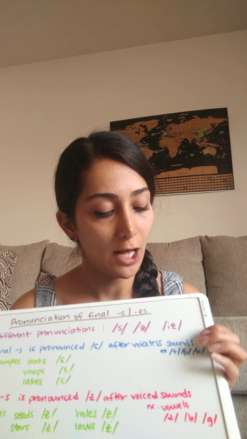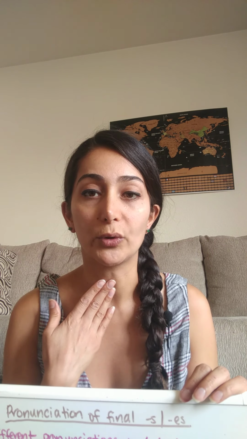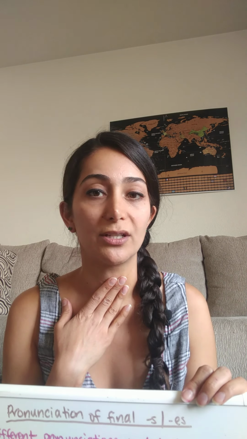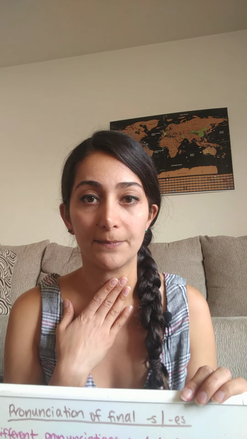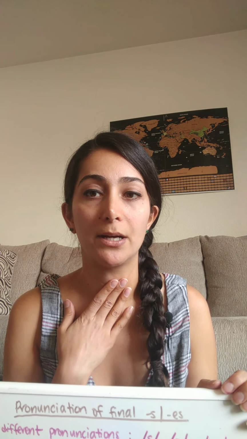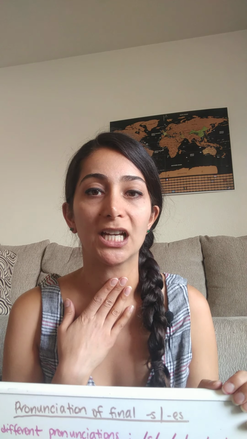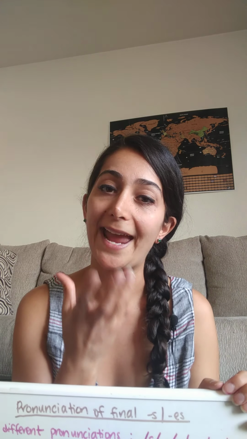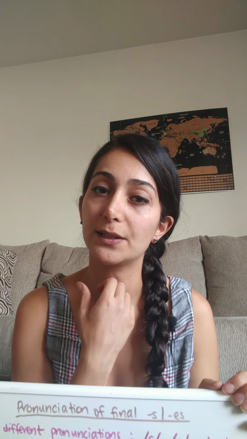A voiceless sound is a sound that is produced without using your vocal cords. When you put your hand on your throat, you should not be feeling the vibrations. Sounds like t, p, k. These are produced using air, but not our vocal cords.